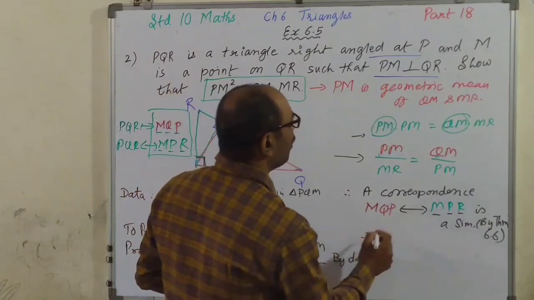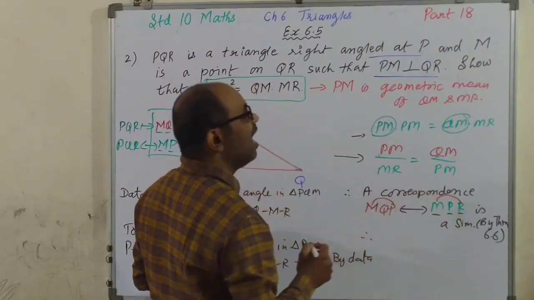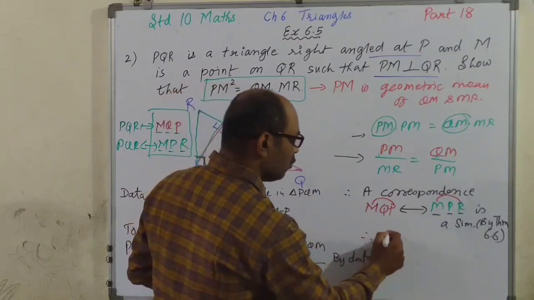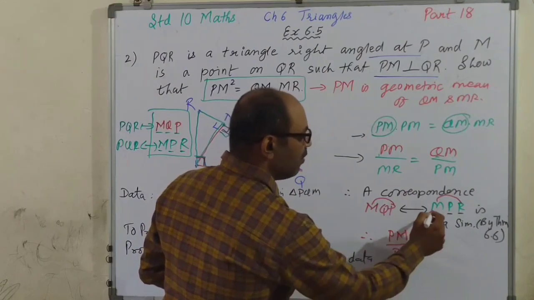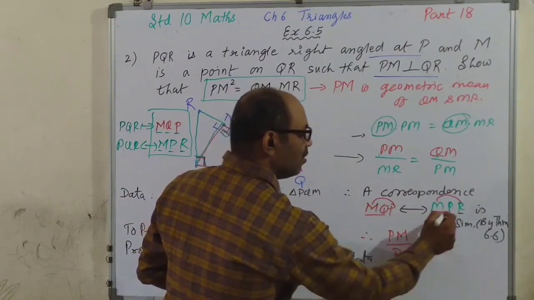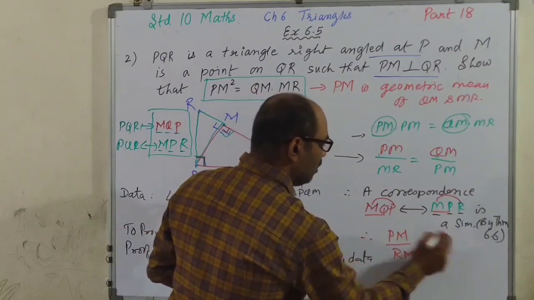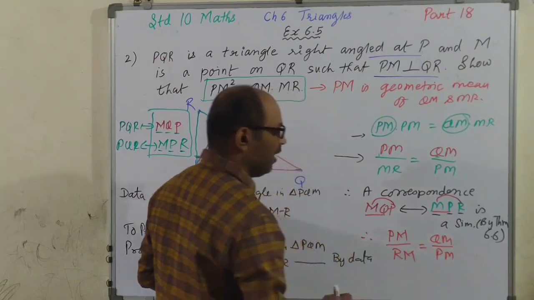That's it. Therefore, what you require is PM. Take PM from here, and from there I will get RM. So PM upon RM is equal to. Now take PM from here, and from there I will get QM. So QM upon PM. I hope you got it.